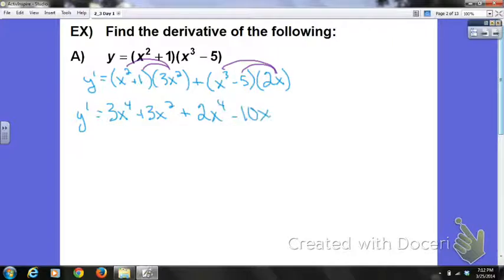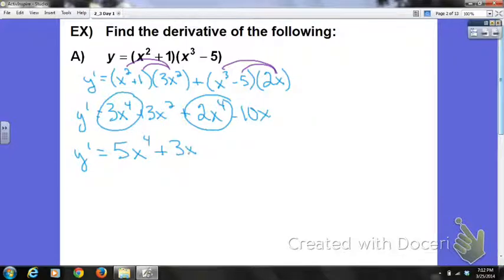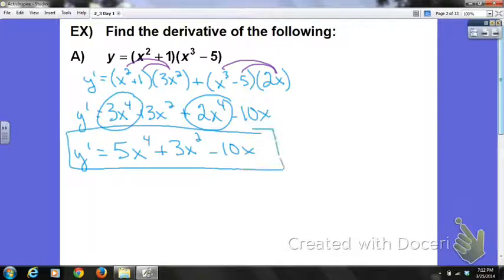We do have some like terms here that we can combine: positive 3x to the fourth and a positive 2x to the fourth. So our y prime, our derivative, is equal to 5x to the fourth plus 3x squared minus 10x. We must have our answer in standard form.